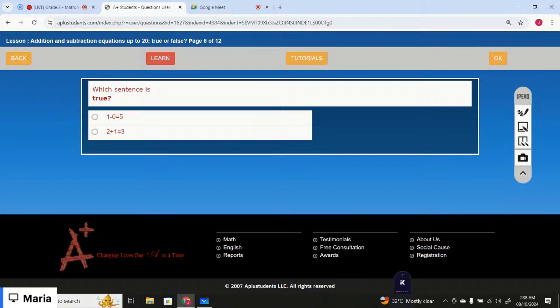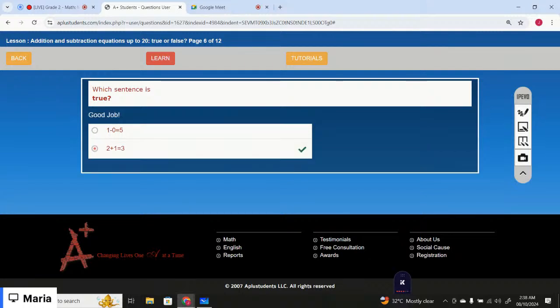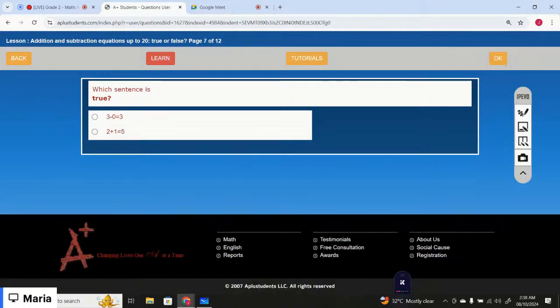Which is the correct option? That is 2 plus 1 equals 3. Option number 2 is the correct option.